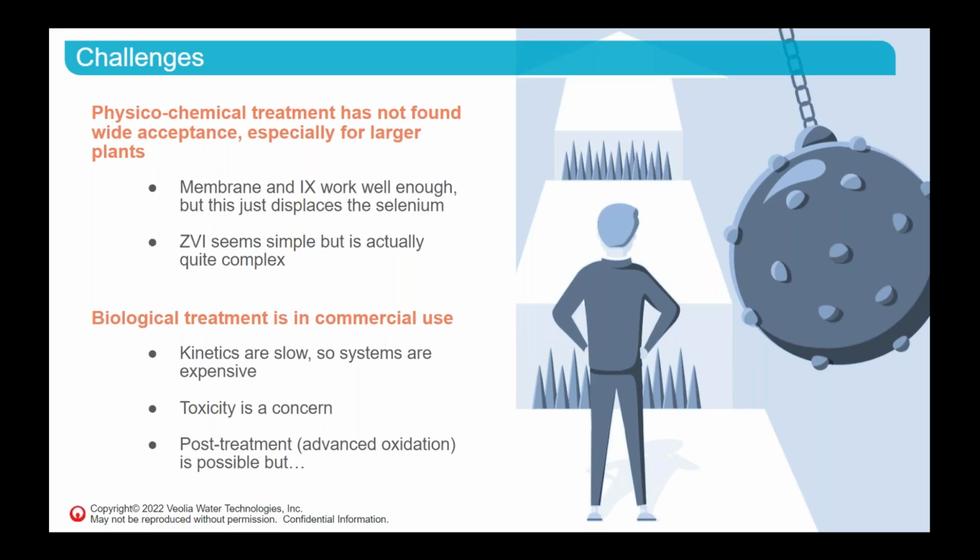We've seen examples where we had a reduction of 1,000-fold in the concentration of selenium, but where the treated water was more toxic than the raw water because of a switch in the speciation of the selenium and the presence of those organoselenium species.